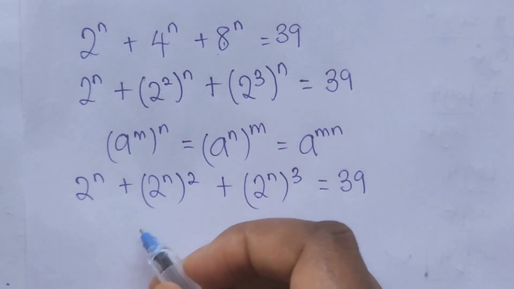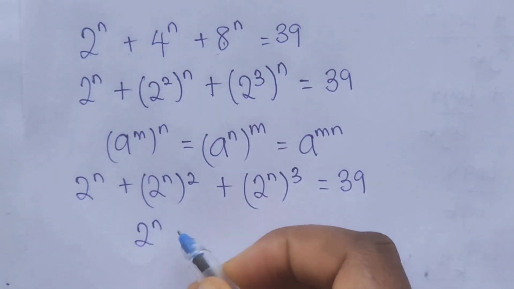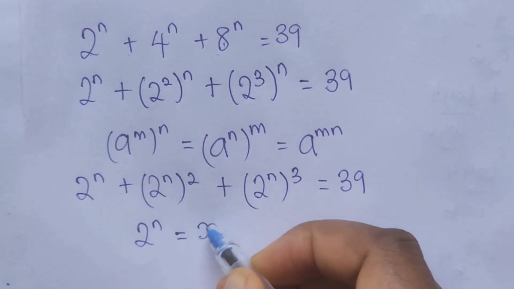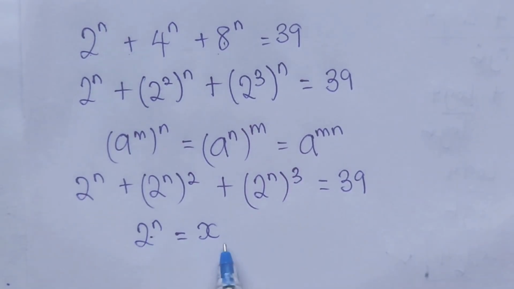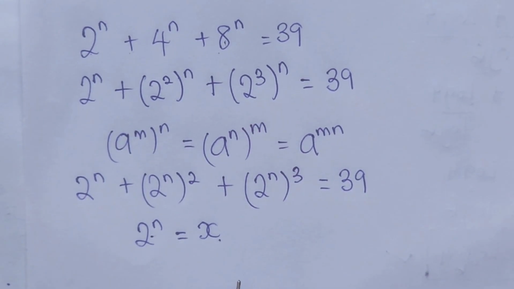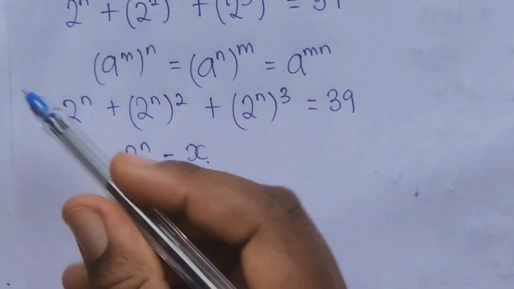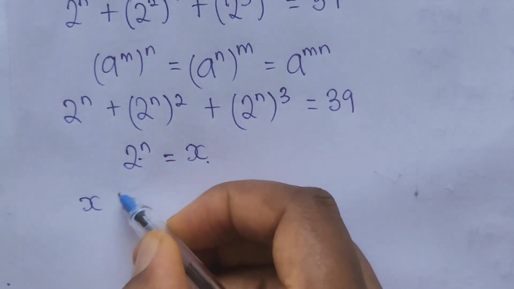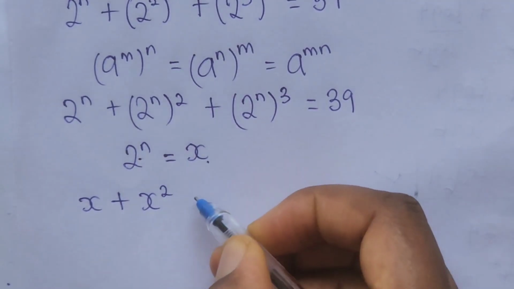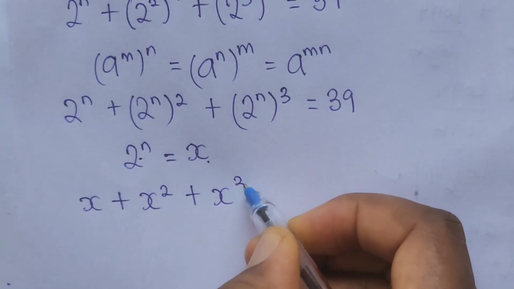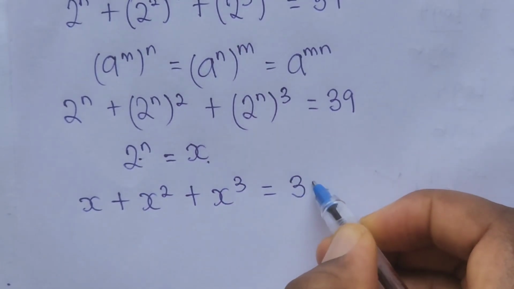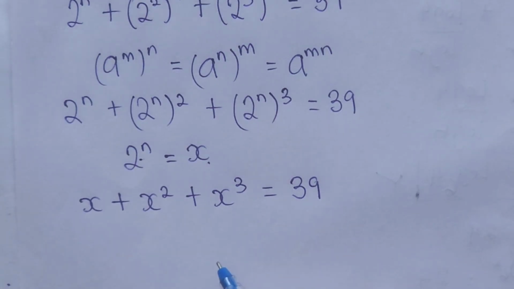So we can name our 2 to the power of n to be equal to x. So wherever we see this, we'll input our x. So we have x plus x squared plus x cubed to be equal to 39.